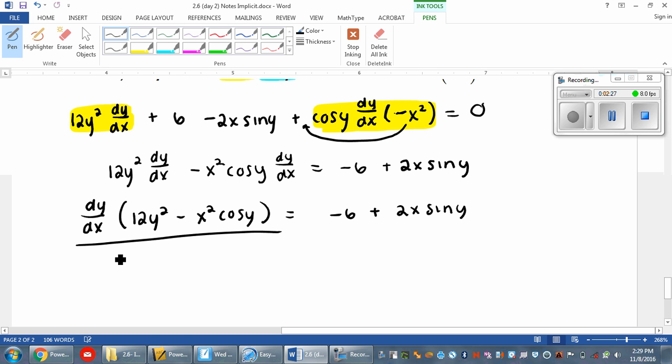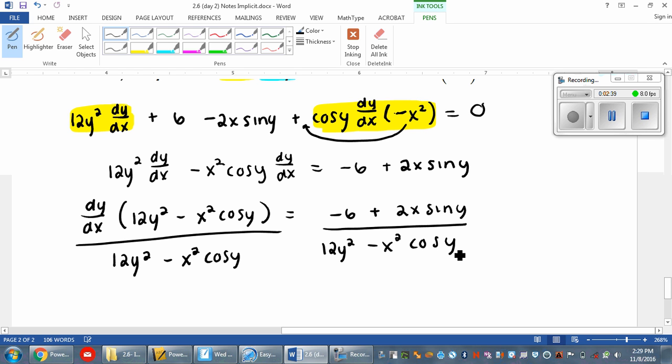Last step is to divide to get dy over dx by itself. And I actually can't simplify anything, because if I was looking to simplify, I'd look at the negative 6, the 2x, the 12, and this negative x squared, all the terms in front, and not everything is divisible by 2 because of that last negative x squared right there.